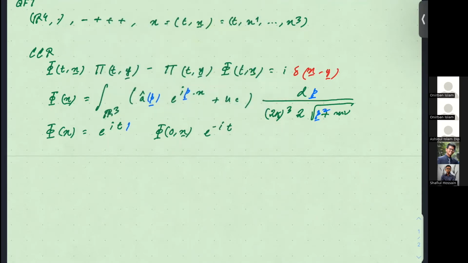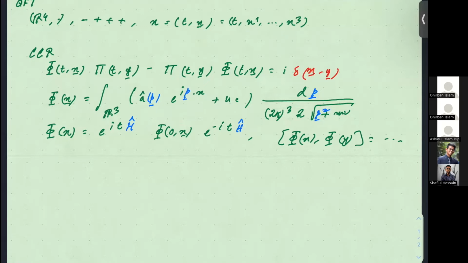Again, experts know this is our favorite Hamiltonian operator. And then one can compute the commutator of Phi of x and Phi of y.